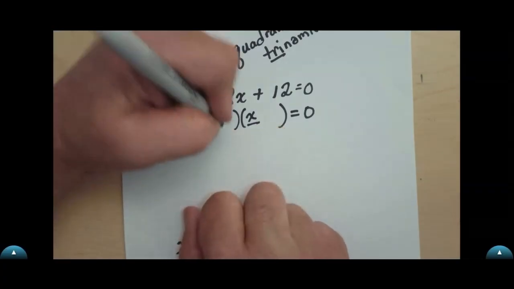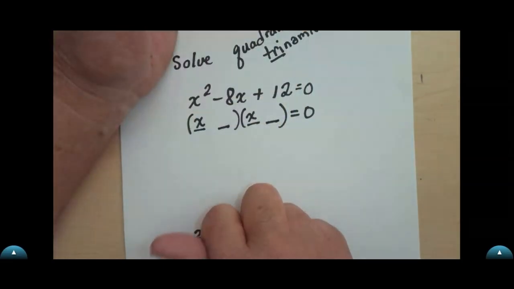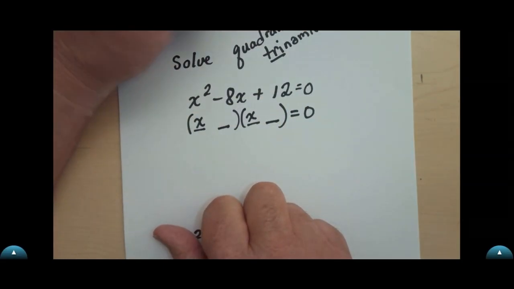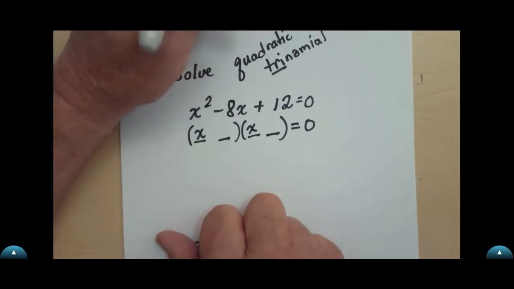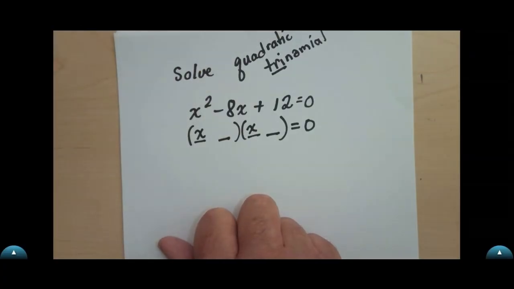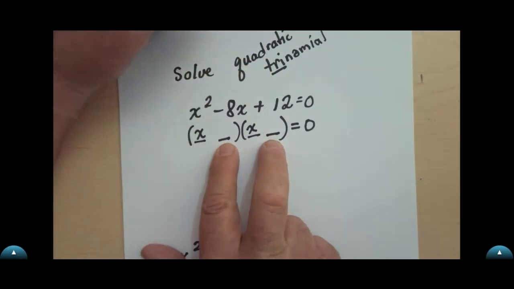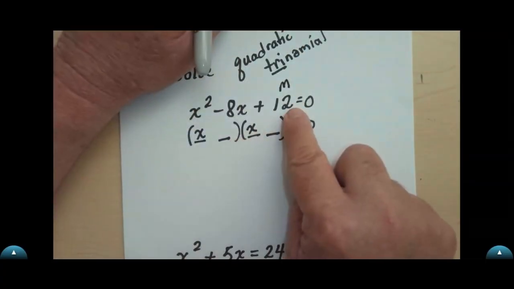Now the numbers that go last, and they will be numbers, constants, have to do two things, and y'all watch this real carefully because this is important. This is what makes the difference in whether you're going to be good at this or not. These two numbers have to do two things. First, when you multiply those two numbers, you have to get this last number, positive 12.